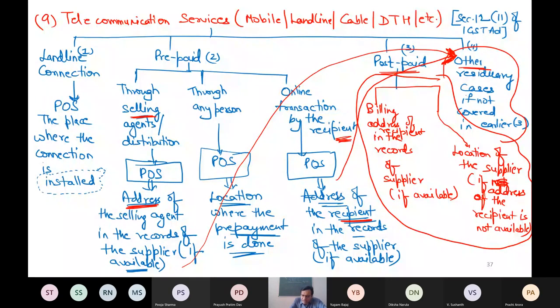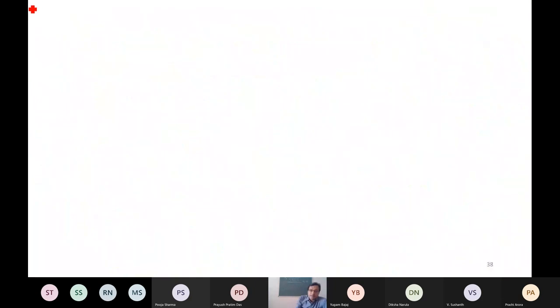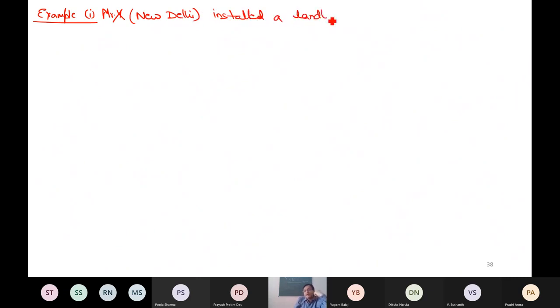And now, if not clear, then let me start assuming the examples, and I hope that you will try to answer. Example 1. Mr. X, New Delhi, got installed a landline from Airtel at his home.